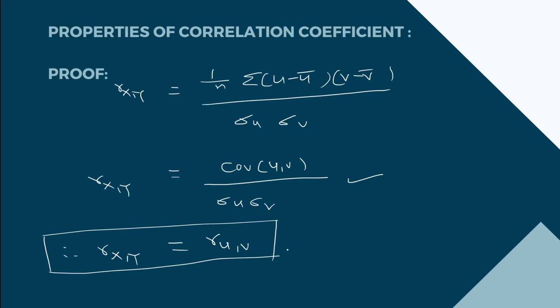This is the property of correlation coefficient. Hence, in this lecture, we learn the definition of Karl Pearson correlation coefficient, introduction of correlation coefficient, interpretation of the value of r, and we further discuss the properties of correlation coefficient.